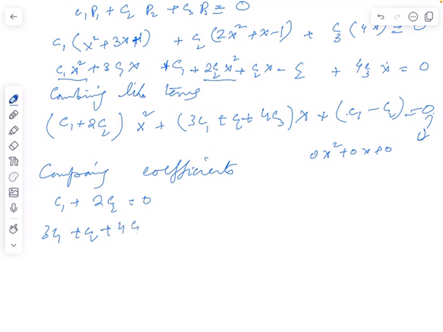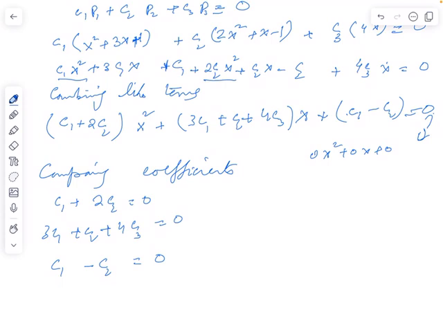And then C1 minus C2 is equal to 0. So this is how we start. This is the process for checking whether given polynomials are linearly independent or linearly dependent.